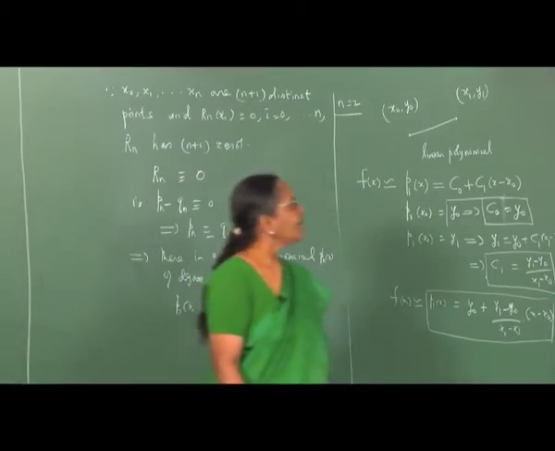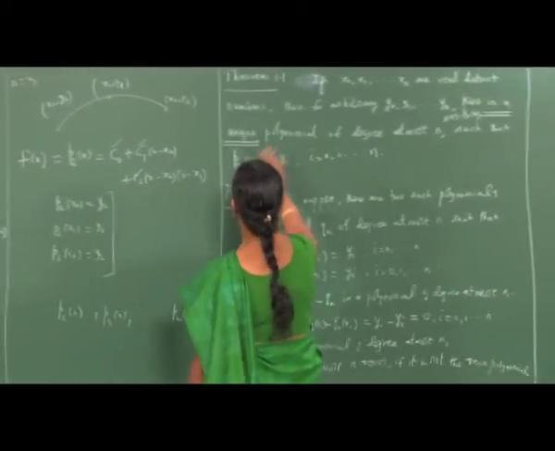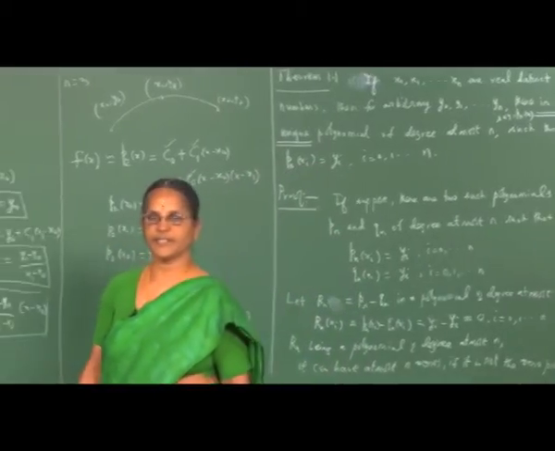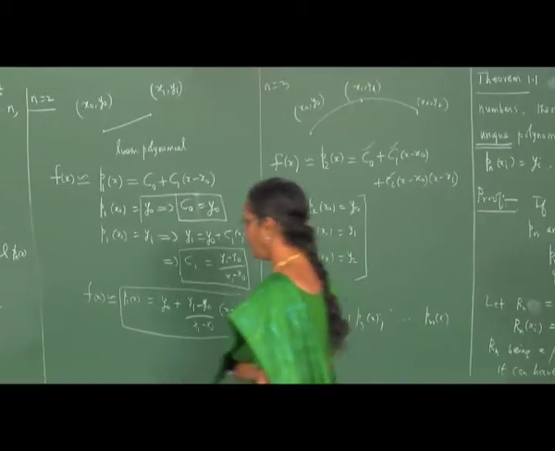So, you will be able to determine a unique polynomial that interpolates the given set of data points. So, the uniqueness part of the theorem has been proved.